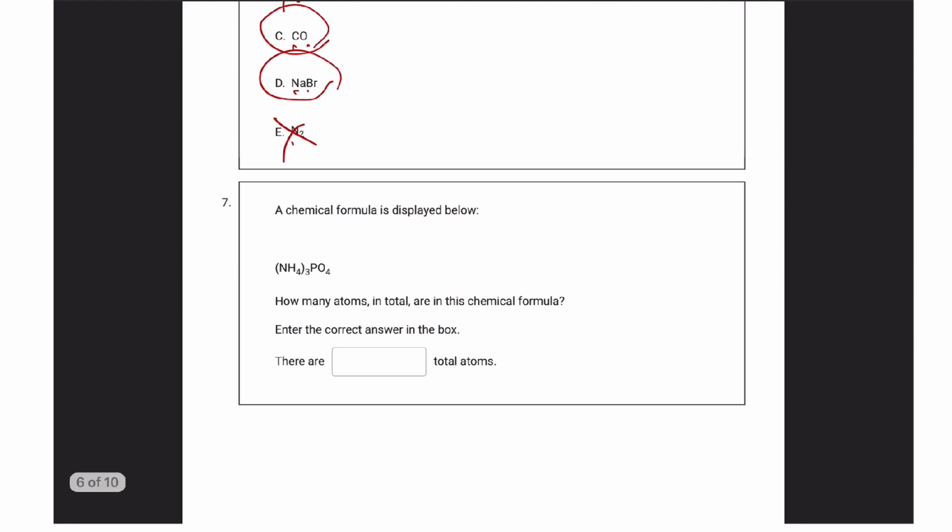Number 7, a chemical formula is displayed here. How many atoms in total are in this chemical formula? So we have N, there's 1. There are 4 H's, but there's a 3 there.